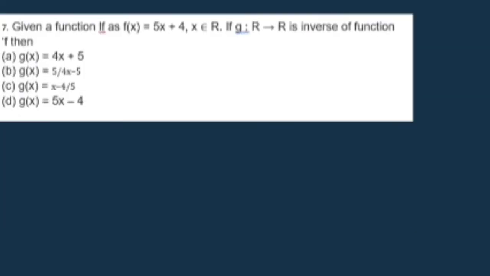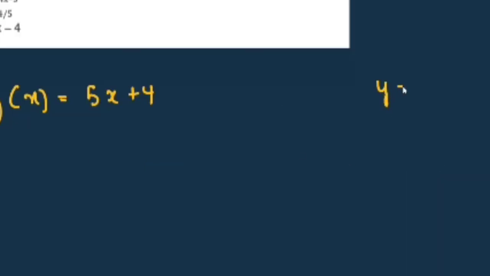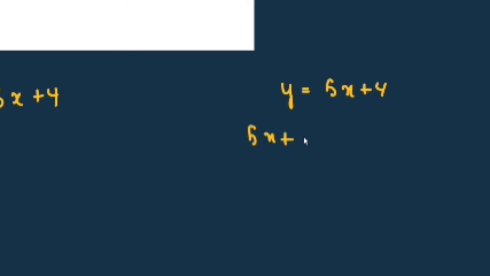Next question. The function is f(x) equals 5x plus 4. You have to find the inverse. To find the inverse, as we have learned in checking an onto function, write y equals 5x plus 4 and write x in terms of y. So x will be (y minus 4) by 5.